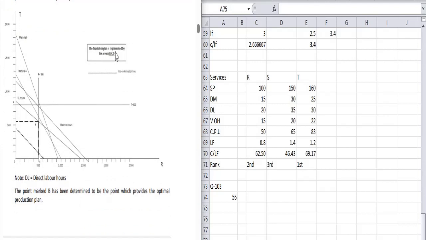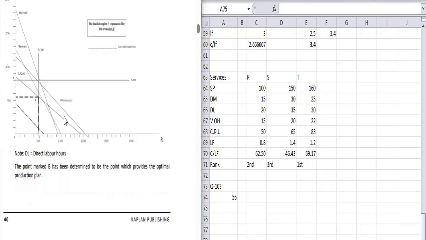The feasible region is represented by the area ABCD, and DL is direct labor hours. The point marked B has been determined to be the point which provides the optimum production plan. So B is our optimum point.